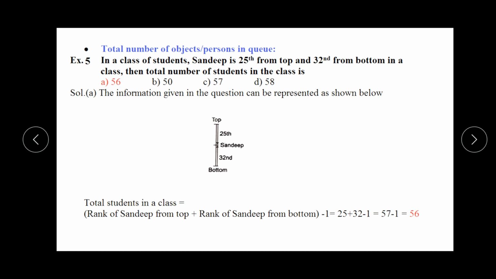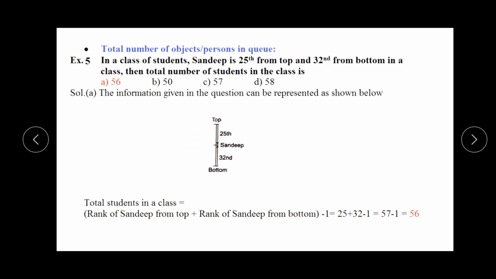It means if we add 25 and 32, then Sandeep's position is counted twice. In the 25th we counted Sandeep, and from the bottom at the 32nd we also counted Sandeep. It means the remaining persons are counted only once, but Sandeep is counted twice.